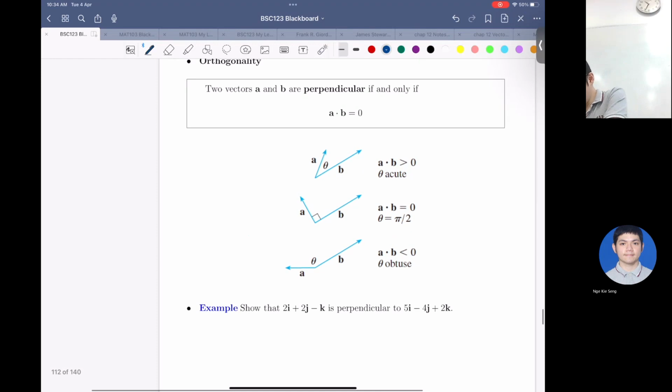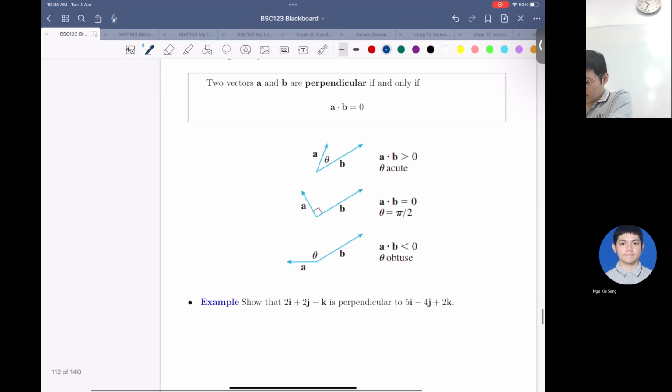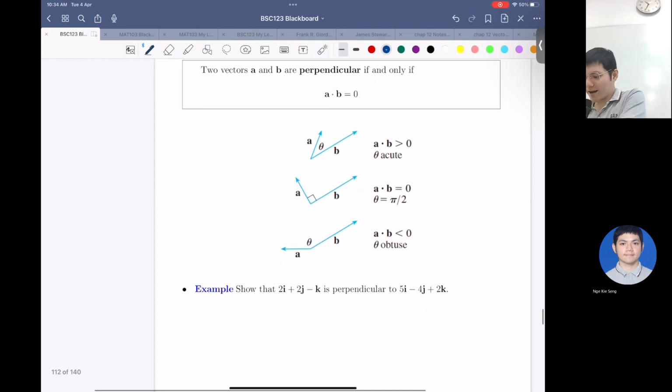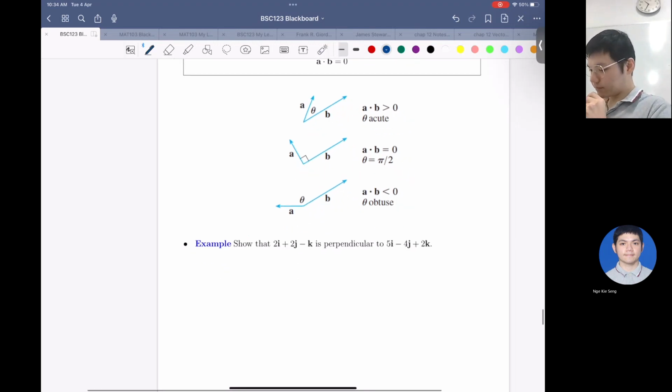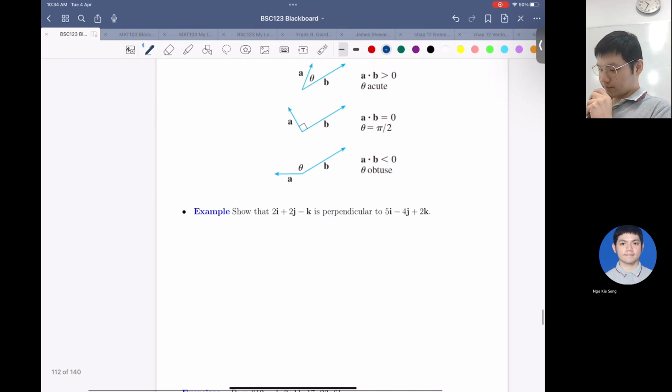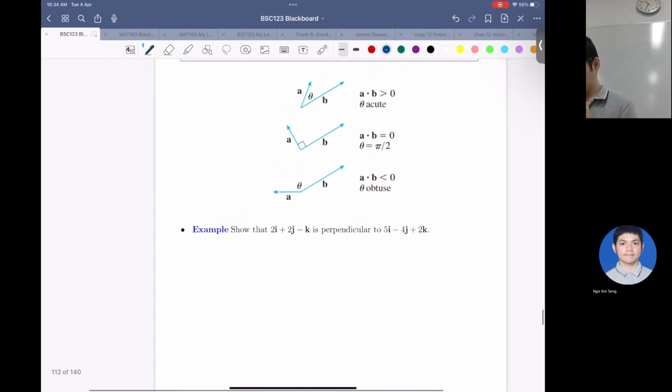Show that 2i plus 2j minus k is perpendicular to 5i minus 4j plus 2k. Yeah, try do this. How to show these two vectors?